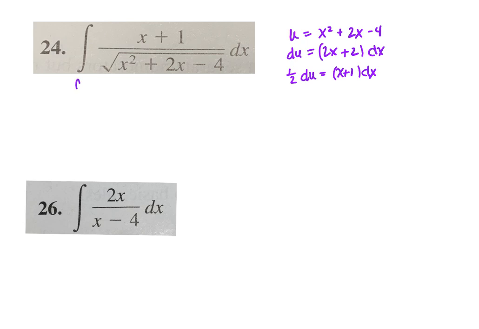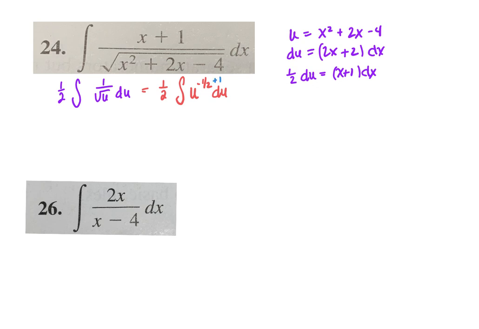And so when you plug that in, you have that 1/2, and you have 1 over the square root of u, du. Well, you can rewrite that guy, 1/2 u to the negative 1/2, du. And then your antiderivative is to add 1 and divide by the new exponent.